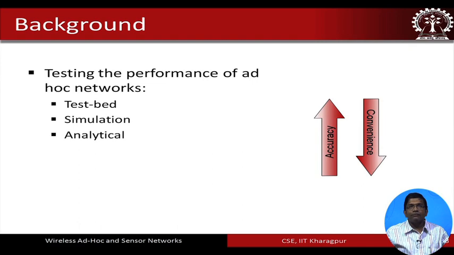The test bed based methods are the least convenient and the analytical methods are the most convenient. In terms of accuracy, on the other hand, the test bed based methods would lead to the most accurate results compared to the simulation based or the analytical based means.